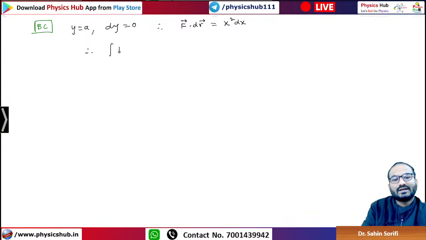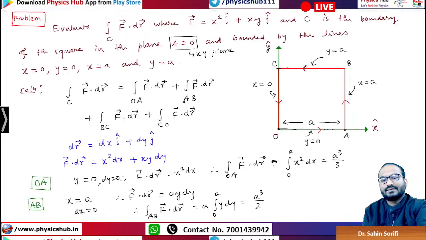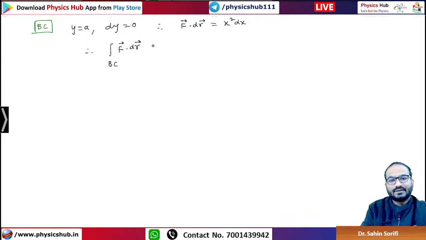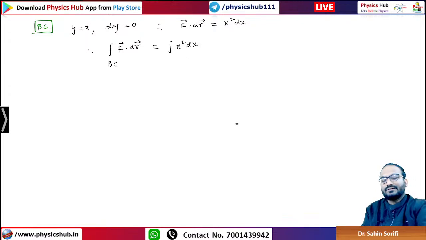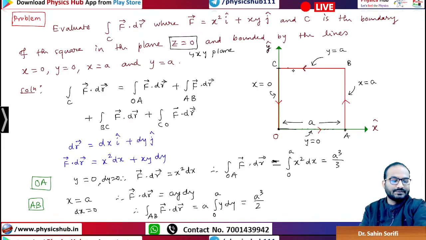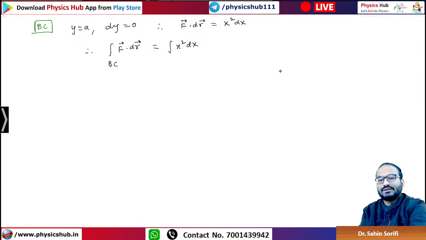And hence the line integral F dot dr along BC becomes the integration of x square dx, and you see x is varying from a to 0, right? Here at point B x equals a, at point C x equals 0.